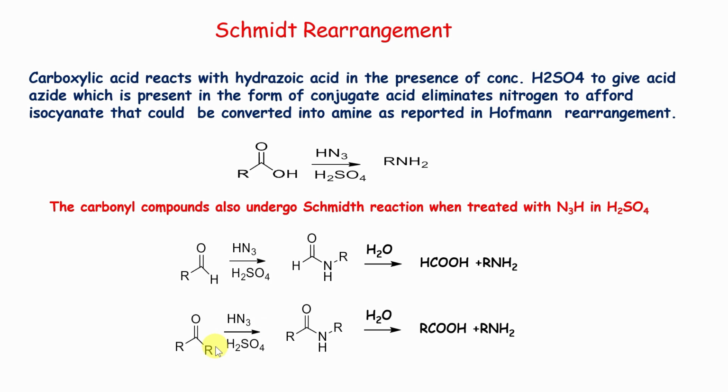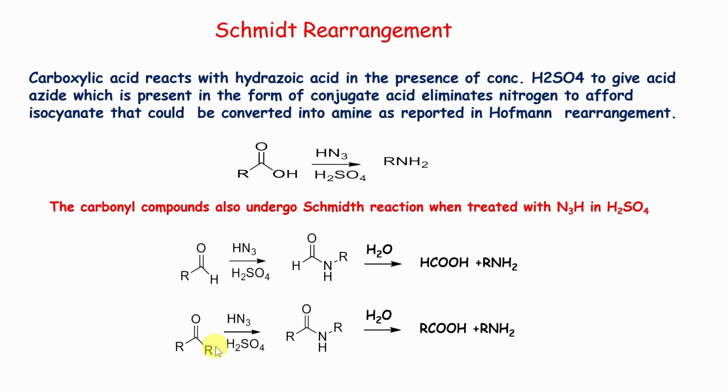We'll get caprolactam. The same product, caprolactam, will be obtained if the cyclohexanone is treated with hydroxylamine followed by acidification or acid workup in the case of Beckmann rearrangement.